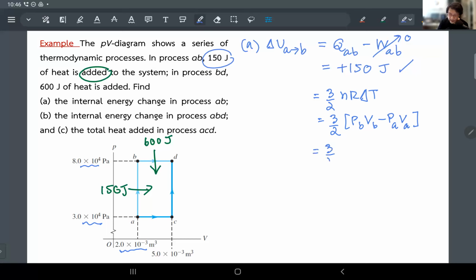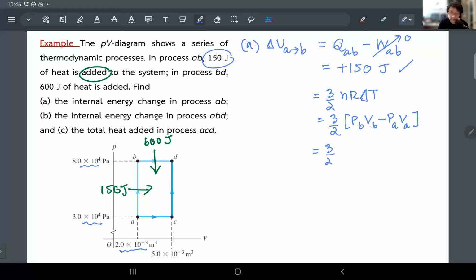It's going to be 3/2 times the pressure at B. Actually, I can pull out the volume because the volume is the same. So it's 2 times 10 to the negative 3 cubic meters, for both V at A and V at B. I pulled it out to the front.